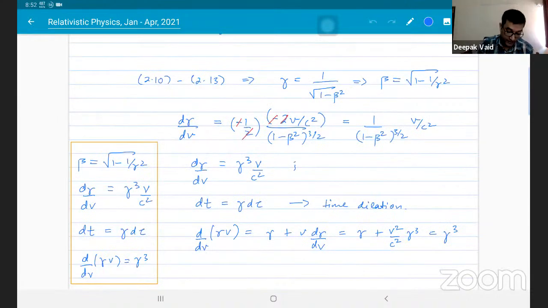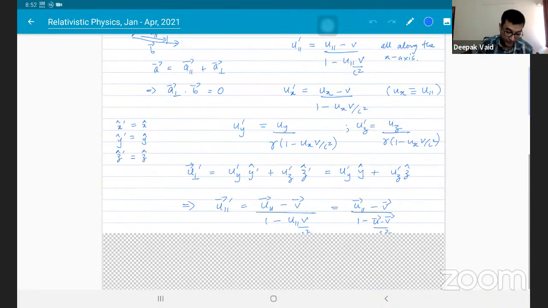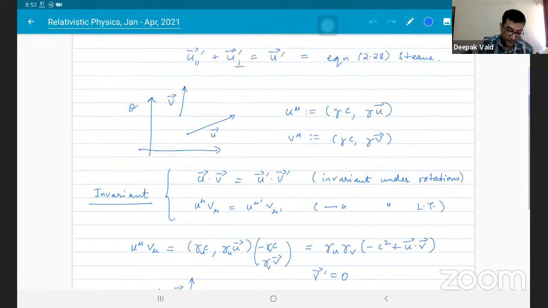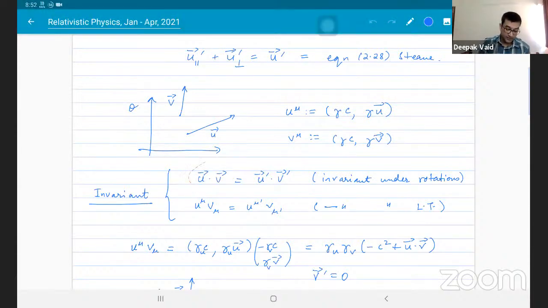Then there is another very nice property of vectors. Whenever you have any two vectors and you take the inner product of those two vectors, because the inner product is a scalar quantity, that scalar quantity is invariant under coordinate transformation.